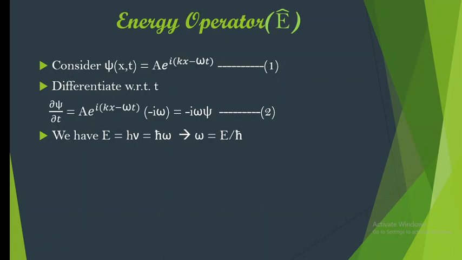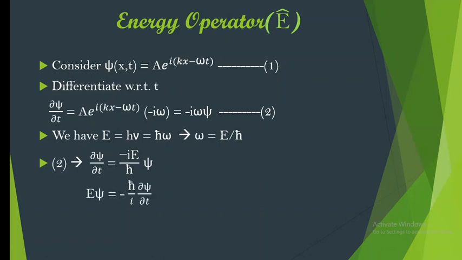Therefore, as we are having omega term in equation number 2, we will write omega is equal to E by h cross. Then substituting this omega value in equation number 2, we get dou xi by dou t is equal to minus iE by h cross into xi.